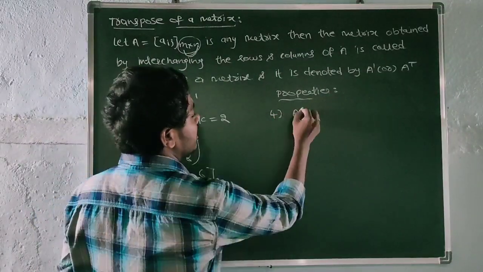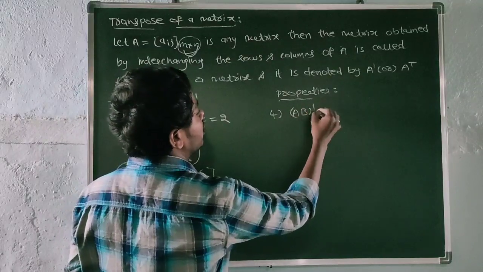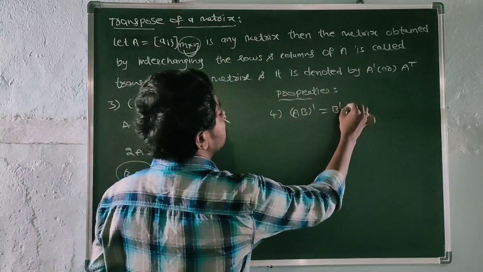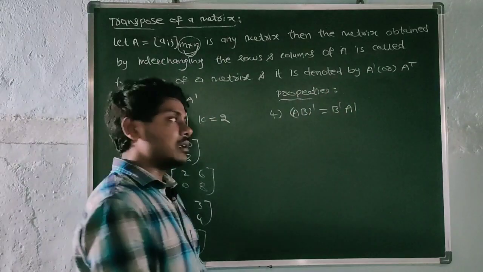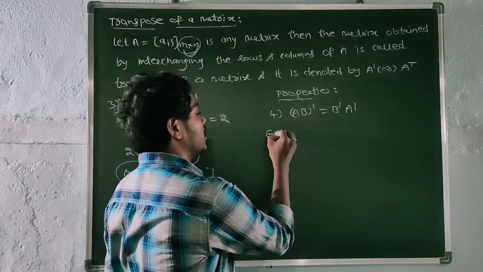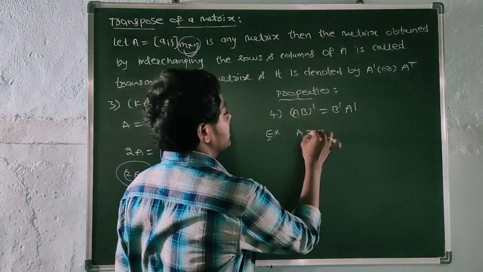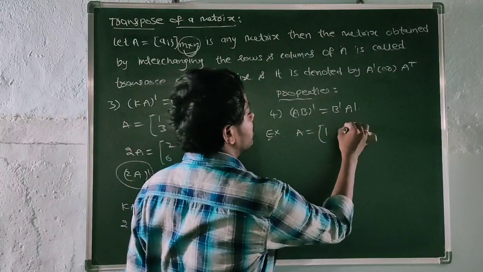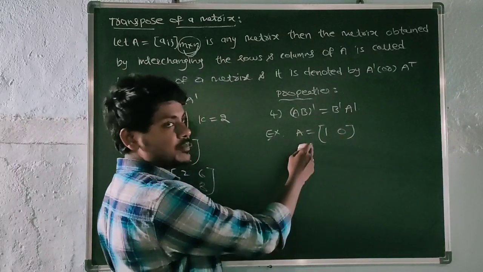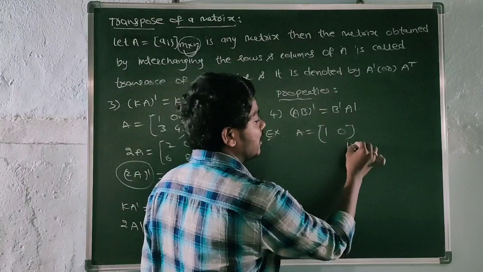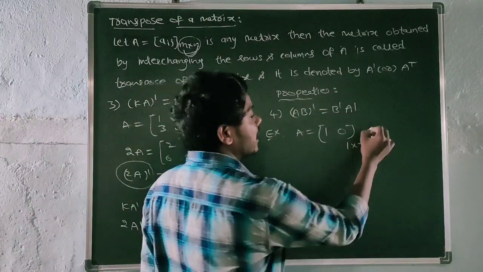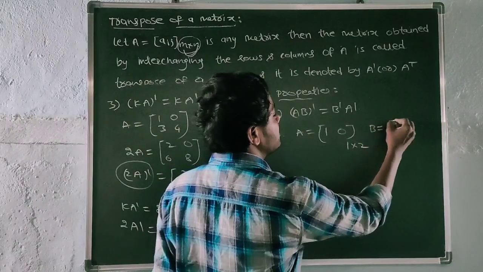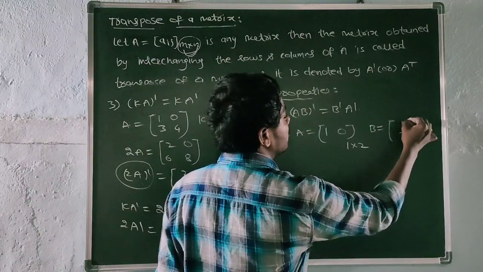So the fourth one, A into B whole transpose is B transpose into A transpose. For example, A is equal to 1, 0. The order of this matrix is 1 by 2, and B is any matrix, here 1, 2.